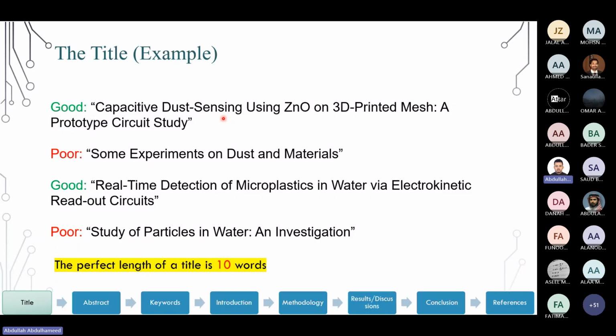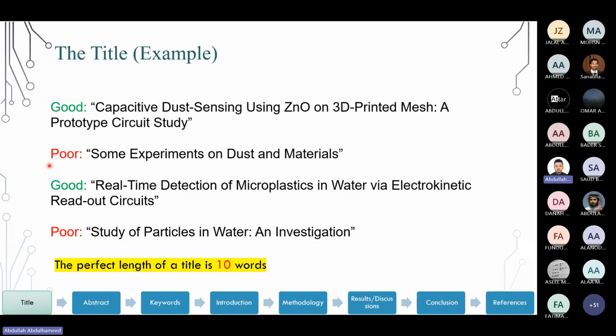What are you using in your sensor? You are using zinc oxide, which is a material, and also a 3D printed mesh. And it is very clear that this study also has something about circuits. So there are a lot of things you can see in this title.